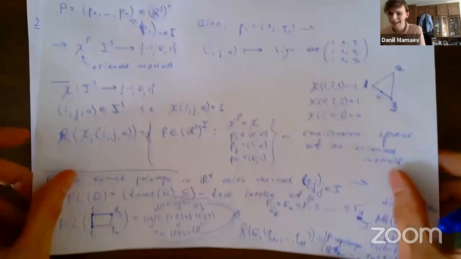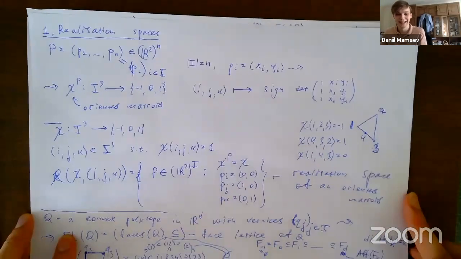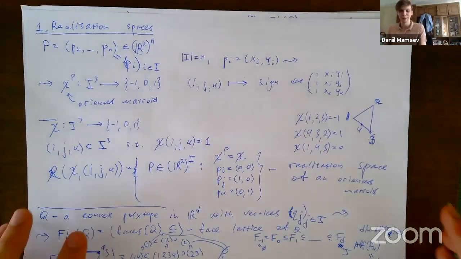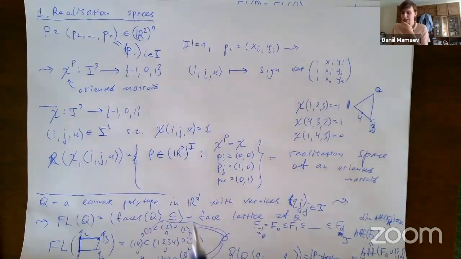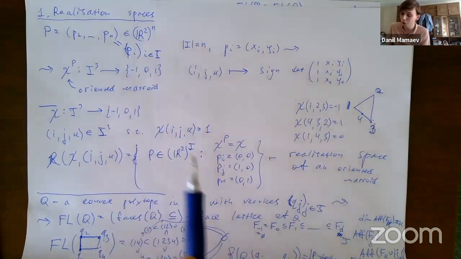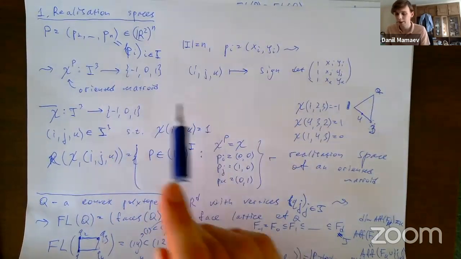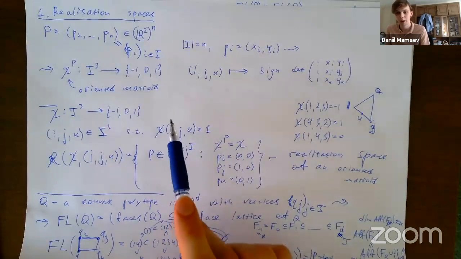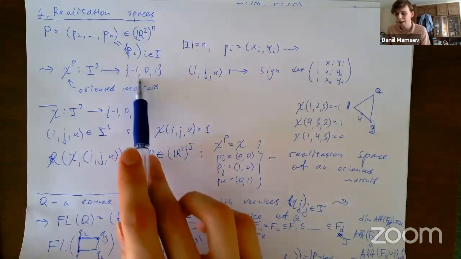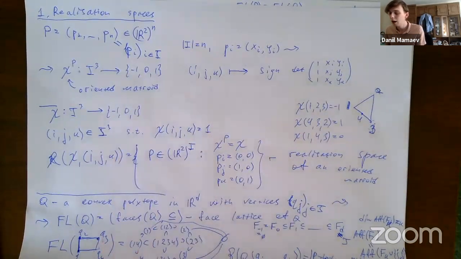Okay. So first, the realization spaces for arranged matroids. For us, an arranged matroid is just an alternating map from the cube of the index set to -1, 0, 1.